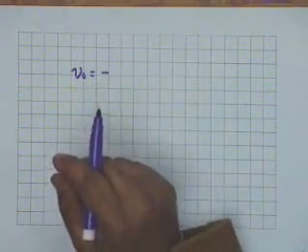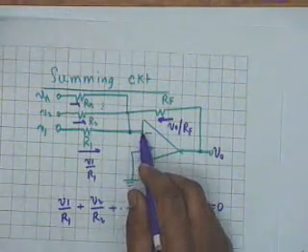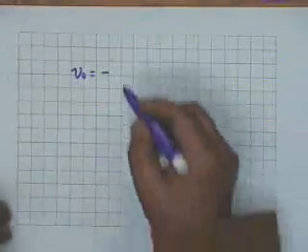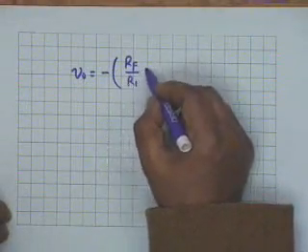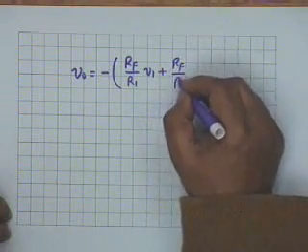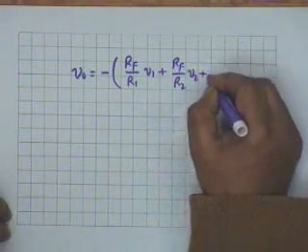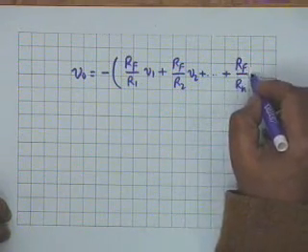Why is the negative sign? That is expected because you are applying to the inverting terminal. Negative sign, then you have Rf divided by R1 times V1 plus Rf divided by R2 times V2 and so on up to Rf divided by Rn times Vn.